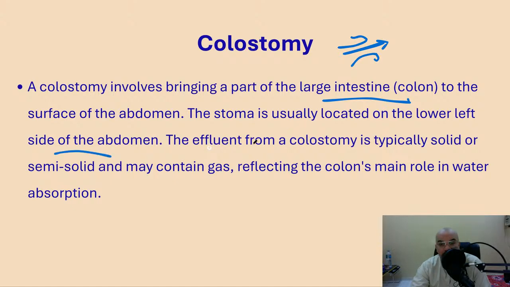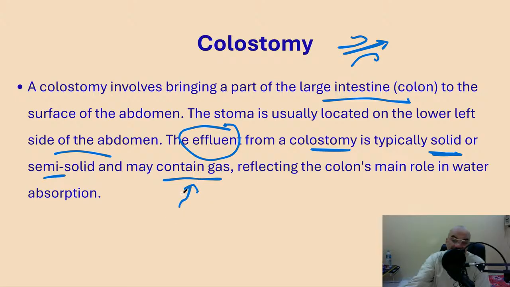And of course, the characteristic of the material that will come out from colostomies is mostly much more solid or semi-solid and contains gases, because this is the function and responsibility of the colon in the digestion of food.